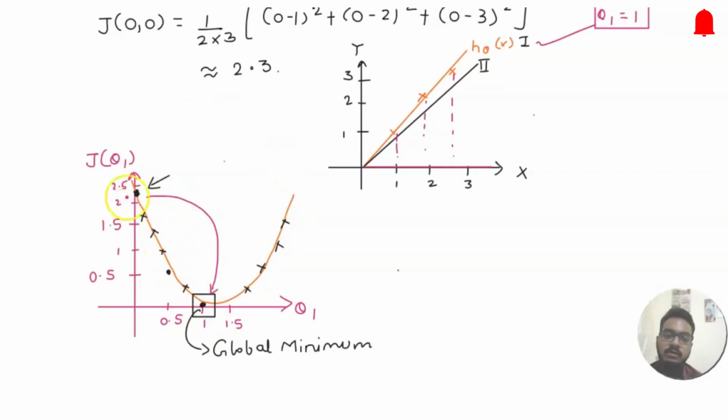Along this parabolic curve, we will slowly change the value of theta 1 till we reach the global minimum. That is our aim. The parabolic curve which we are getting, that is called gradient descent.